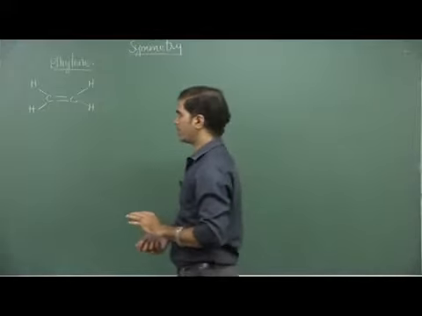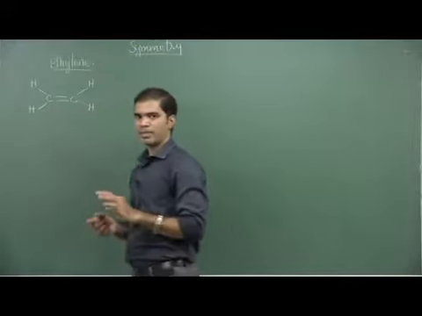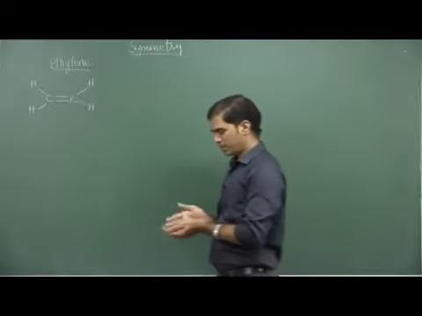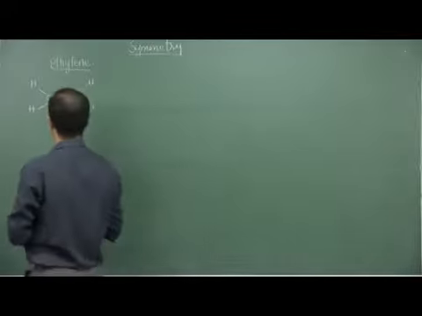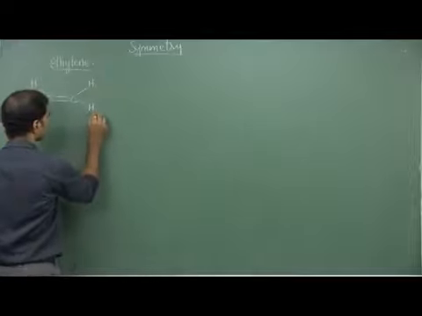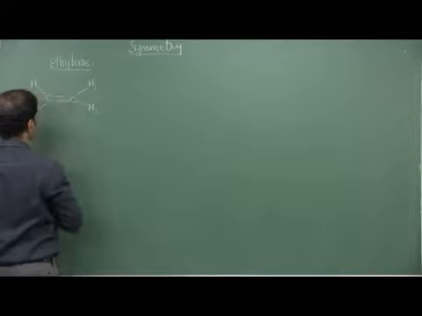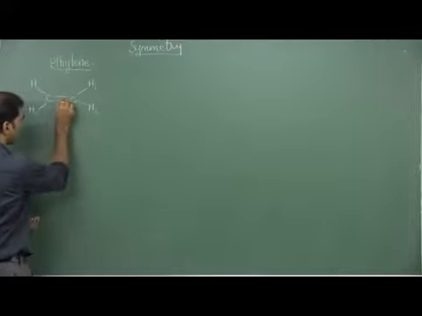So let us try to represent all the three rotational axes, and whether they are present or not we have to check by drawing the structures. Let us go with the first one. Now this is pointing towards you.